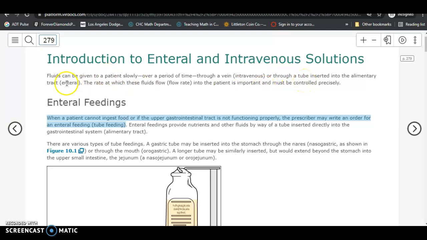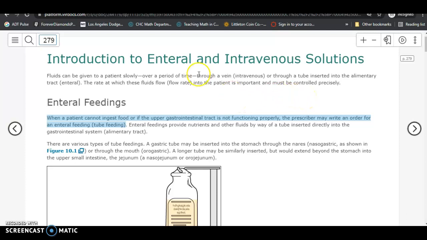The basic idea is that fluids can be given to a patient slowly over a period of time through a vein, which means intravenous, or through a tube inserted into the alimentary tract, which is called an enteral feeding. The rate at which these fluids flow into the patient's body is important and must be controlled precisely.